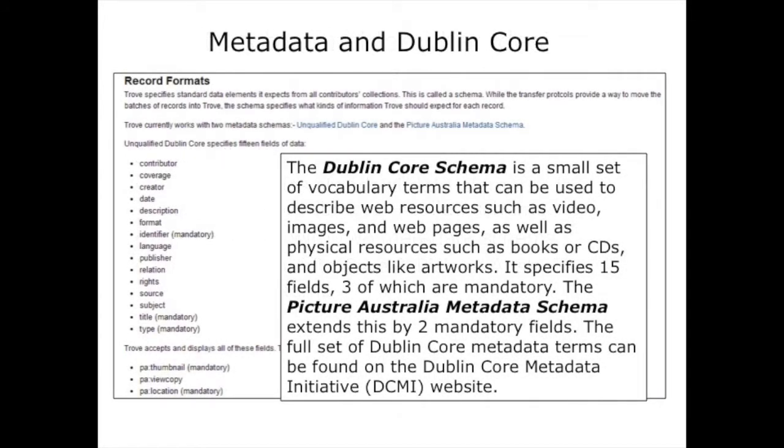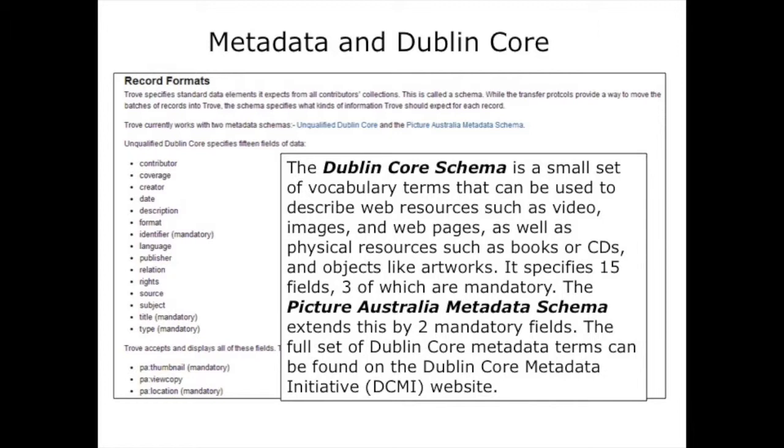The Dublin Core schema is a small set of vocabulary terms that can be used to describe web resources such as video, images and web pages, as well as physical resources such as books or CDs and objects like artworks. It specifies 15 fields, 3 of which are mandatory.